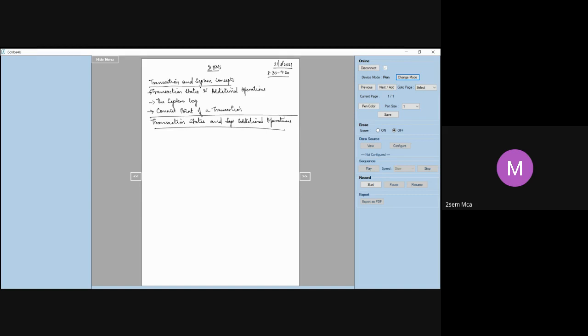A transaction is an atomic unit of work. When I say atomic unit of work, it means a particular task which cannot be further divided. It is an indivisible task. That is why you call it an atomic unit of work.